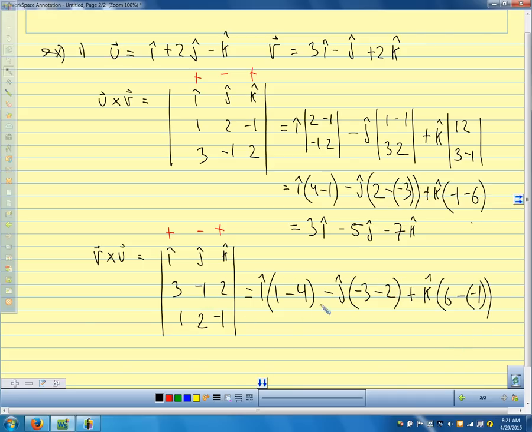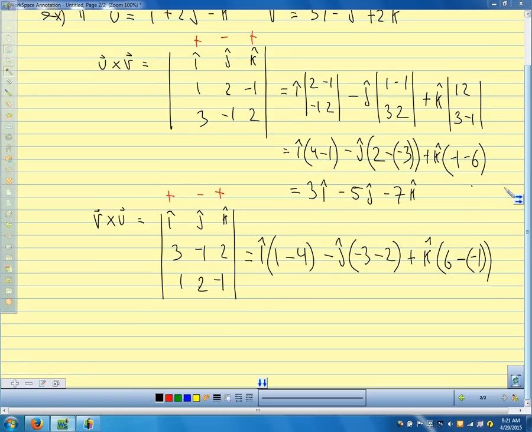And I usually write out my cross products like this, just so I don't make arithmetic errors. So I get negative 3 i hat plus 5 j hat plus 7 k hat.